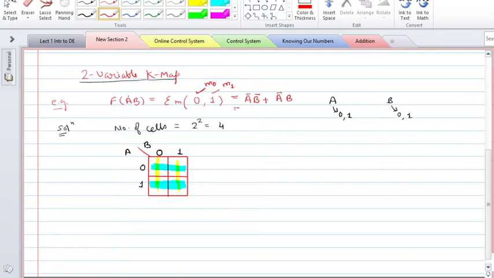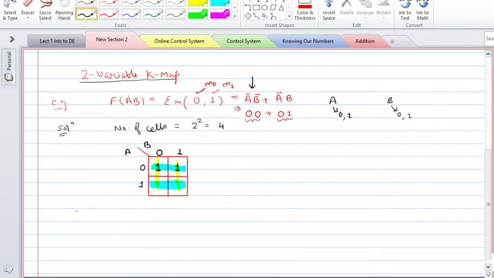For this function, a should be 0 and b should be 0, plus a0 b1. It means there are these two combinations. So if we fill out this value, it must be filled at this position, because for this particular cell a is equal to 0 and b is equal to 0. Similarly, for this cell a is equal to 0 and b is equal to 1.